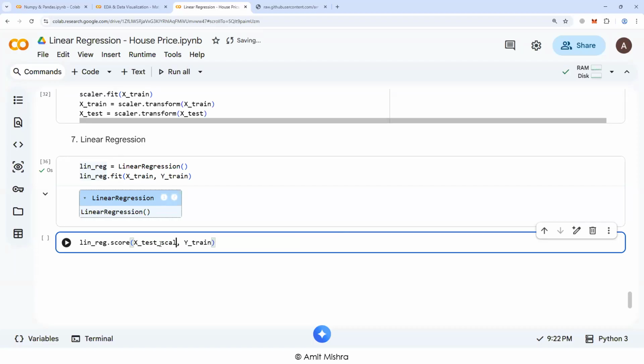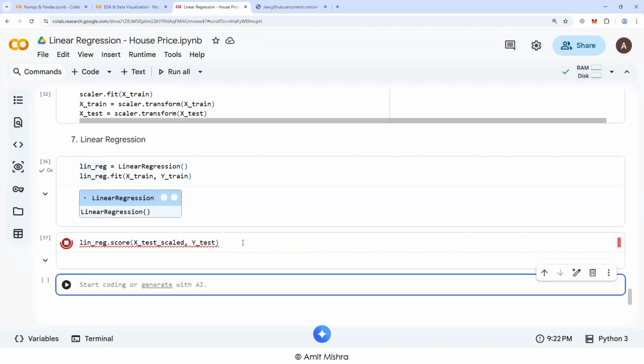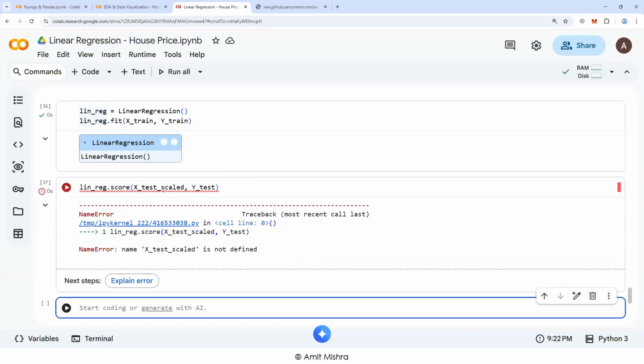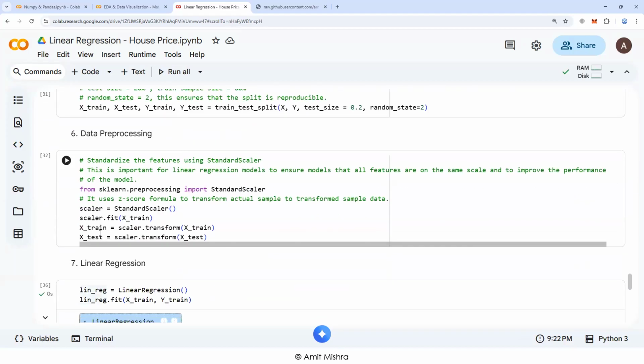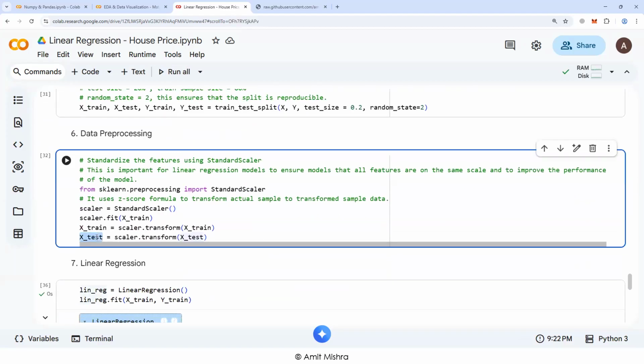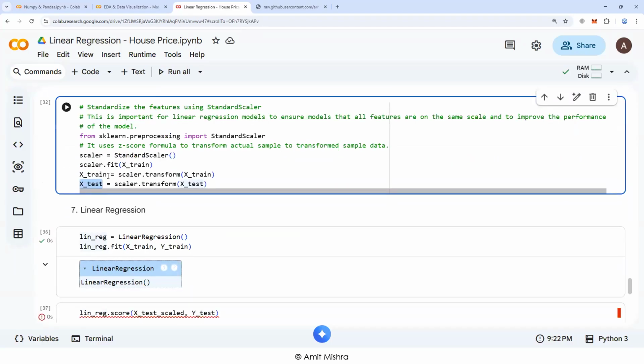scaled. Oh, we have transformed it wrongly. This is bad. It should have been scaled. This should have been also scaled.